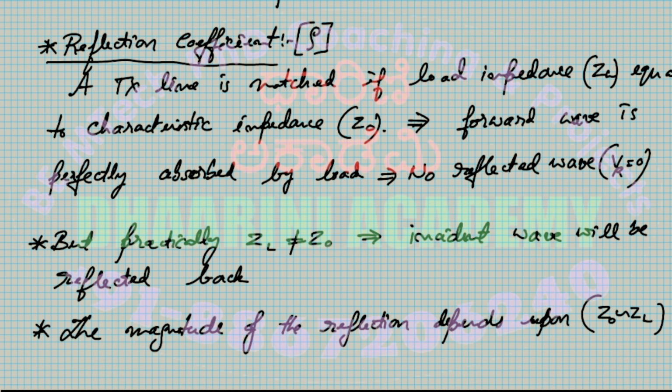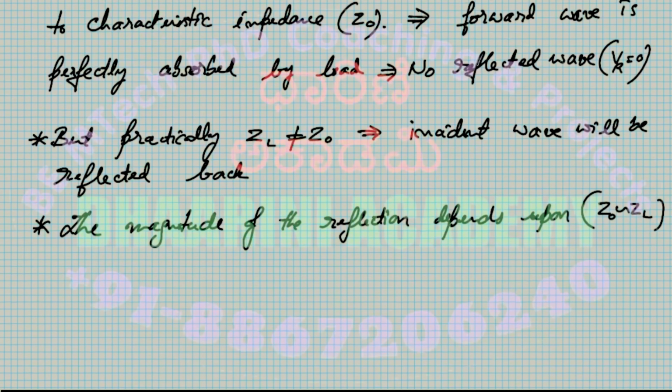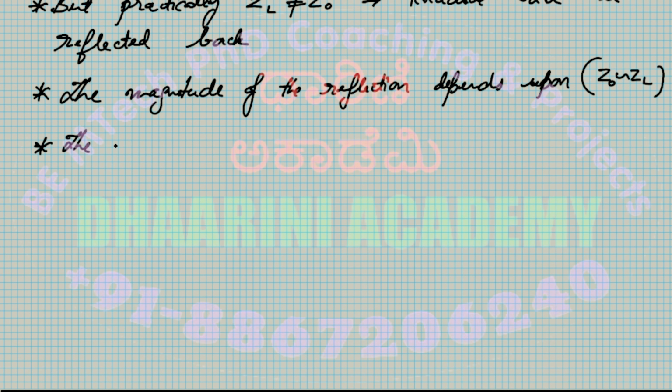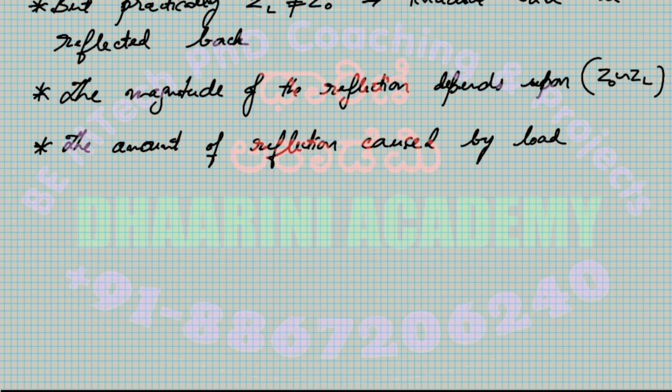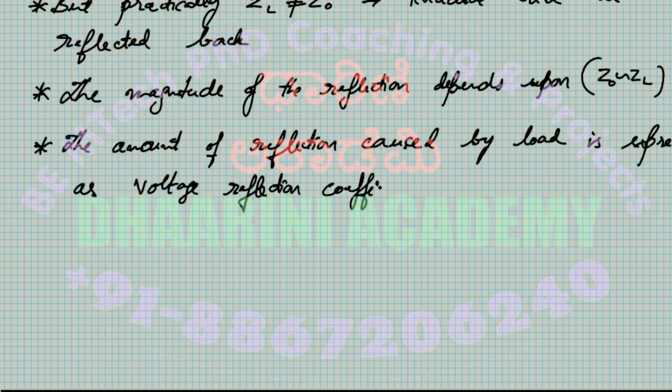The amount of the reflection caused by the load is expressed as voltage reflection coefficient. We denote that as this rho.